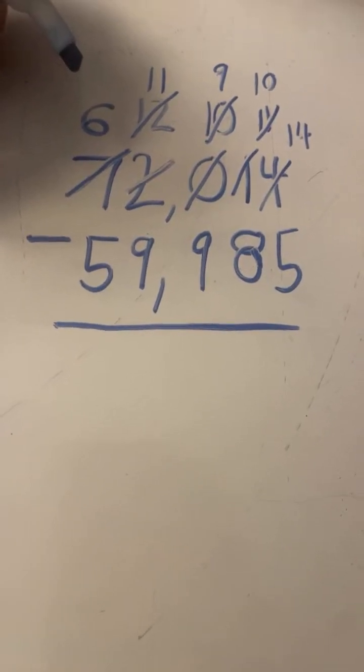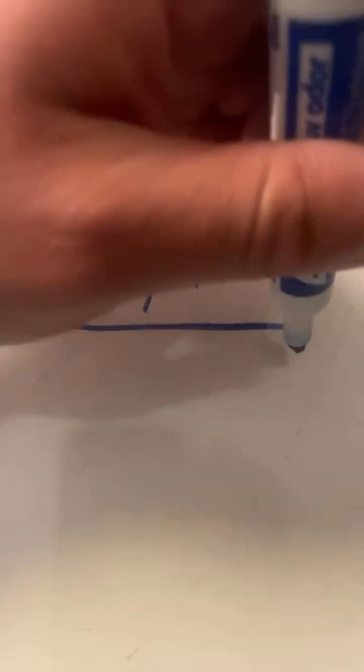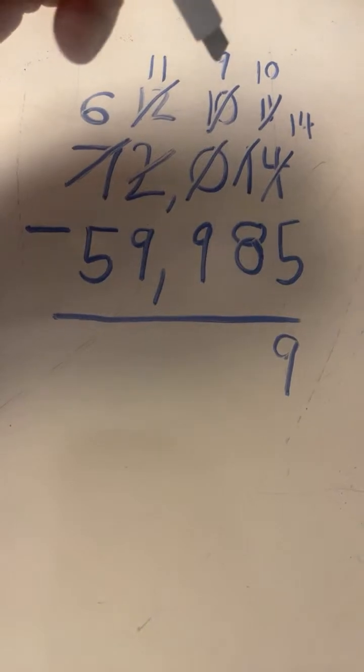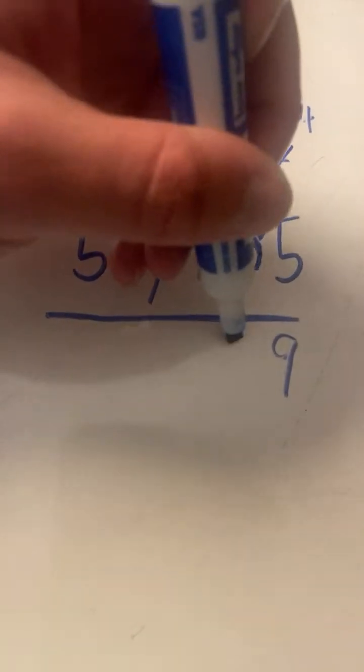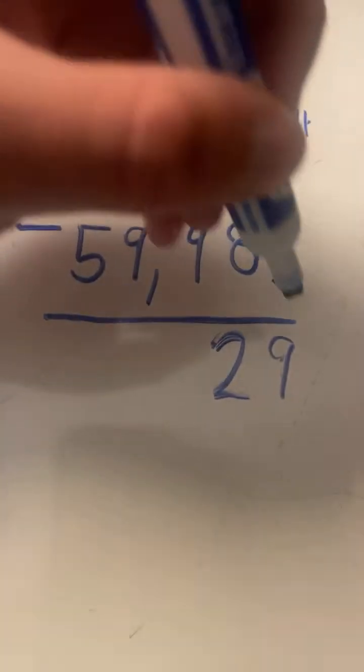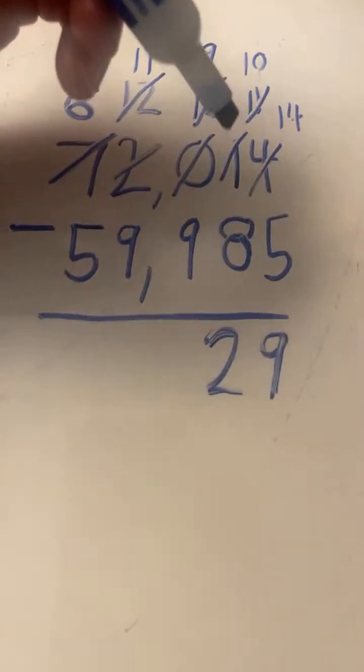So starting in the ones place, 14 minus 5 equals 9. Ten minus 8 equals 2. Markers are running out.